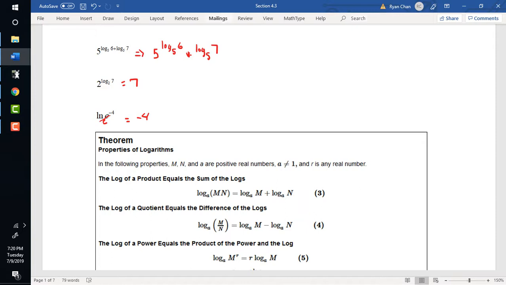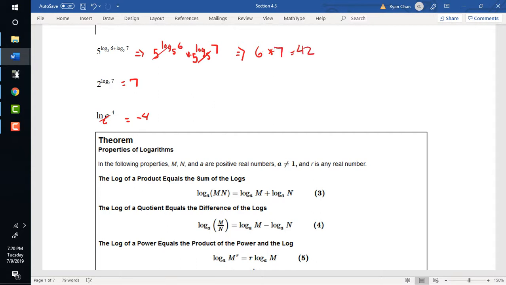Okay? Sorry, with a 5 on the bottom. Okay? So let's talk about this. The first part here will cancel out, and you're left with 6. The second one will cancel out, and you're left with 7, and that becomes 42.